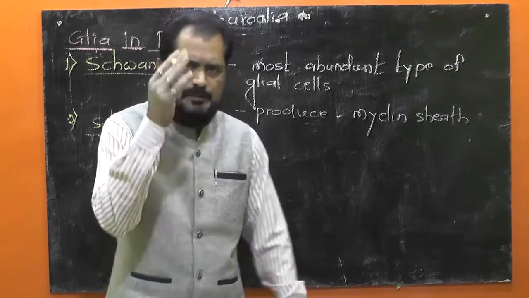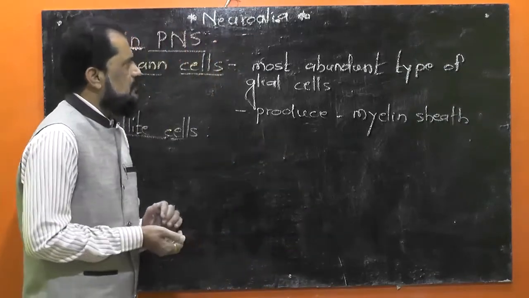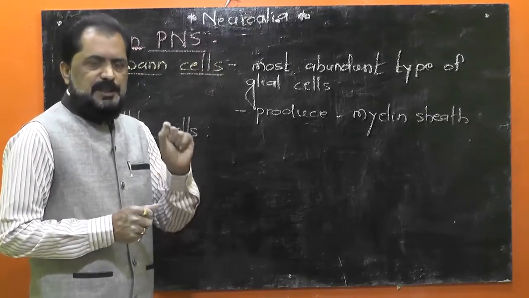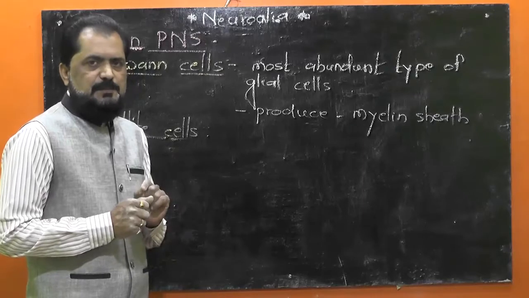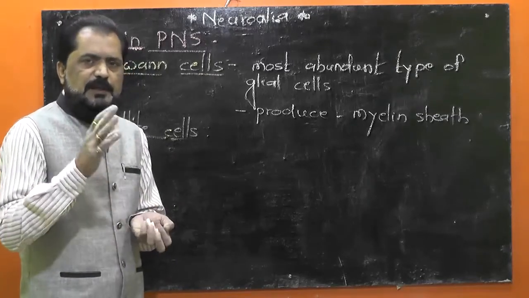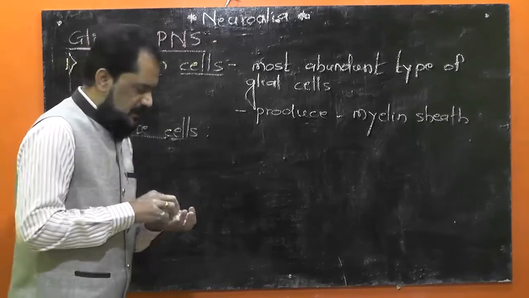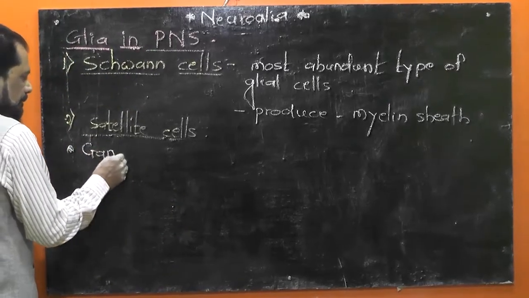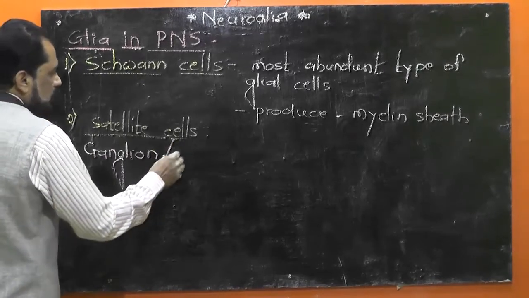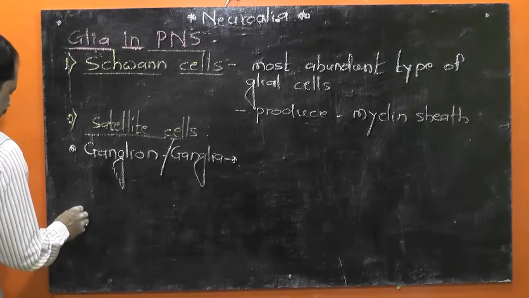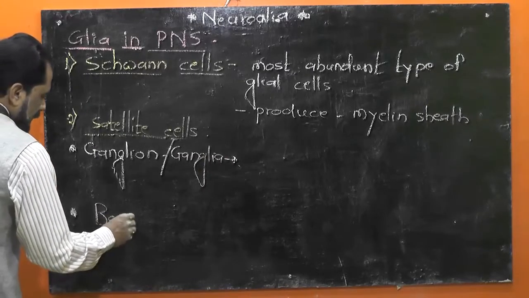So here we have discussed about the different types of glial cells in the central nervous system as well as peripheral nervous system. Now briefly let me tell you 2 more concepts. One, ganglion, plural ganglia, and second, basal nuclei.